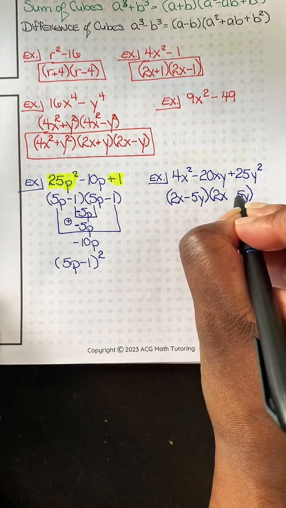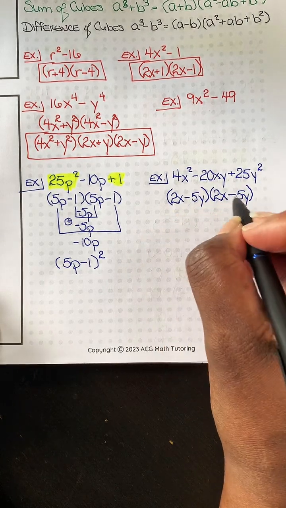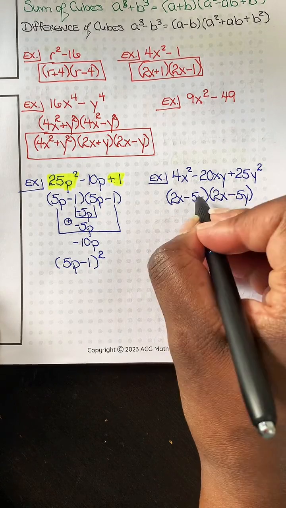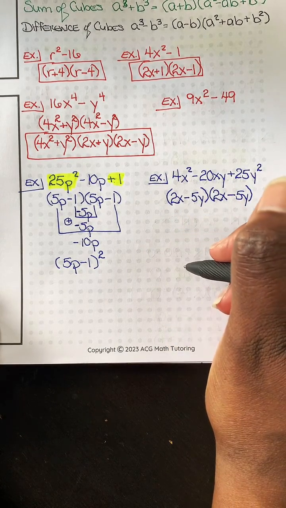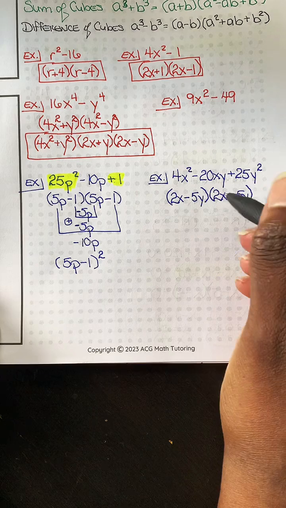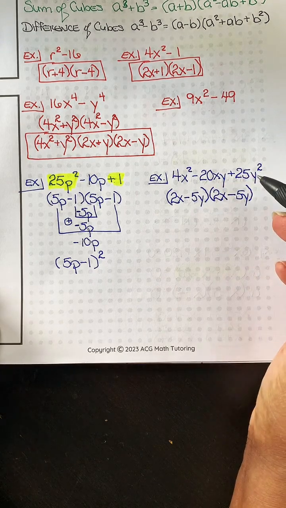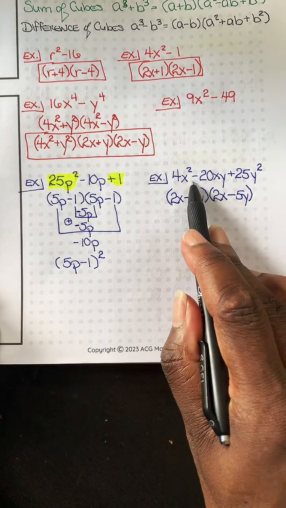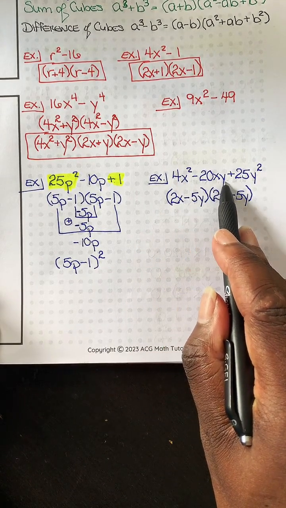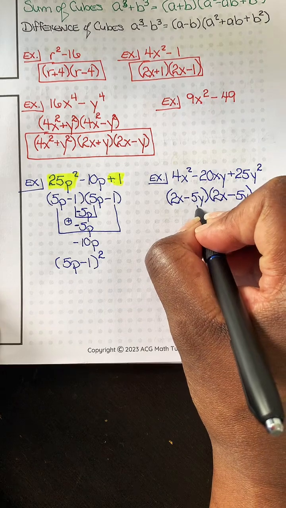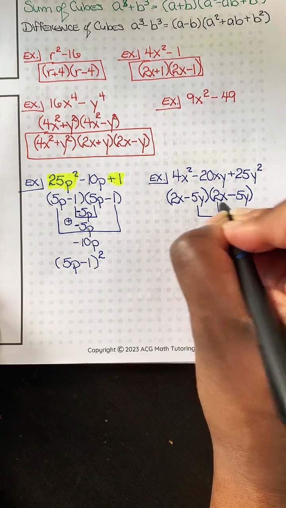If I make one positive and one negative, they're going to cancel out and give me 0. So that would be like a negative 10 and a positive 10. So that will cancel out. But that's not what's happening. We actually have a middle term. So we can check it. Multiply those two.